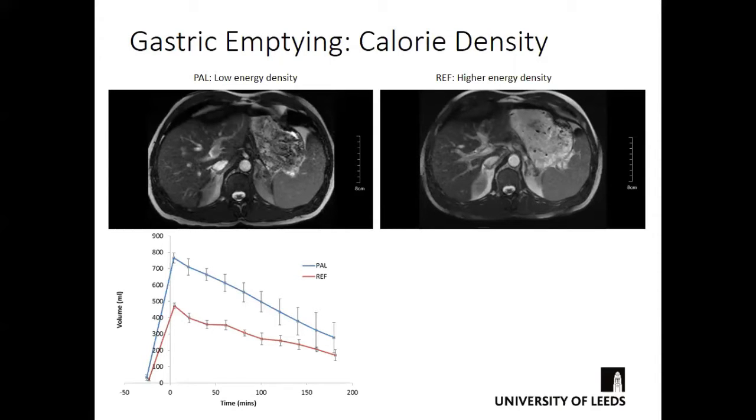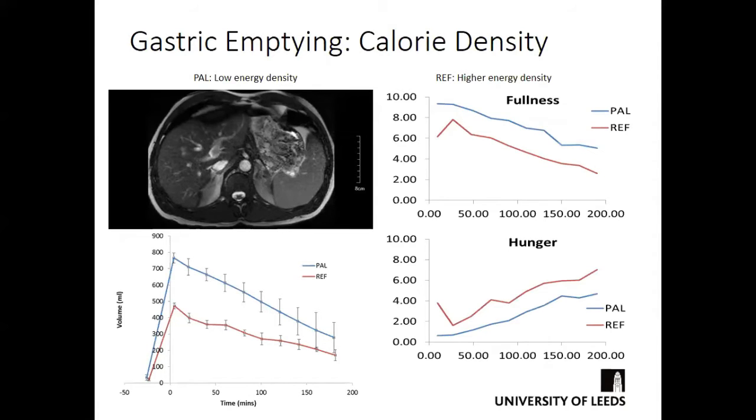But clearly the rate of food emptying was very different. So the calorie dense food, which in this case is labeled REF, was emptied more slowly than the low calorie density food. And this obviously also has an impact then on appetite. So the fullness and hunger ratings related to that were also different, as you might expect.